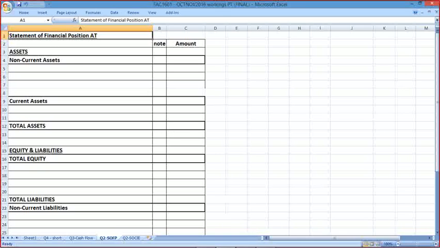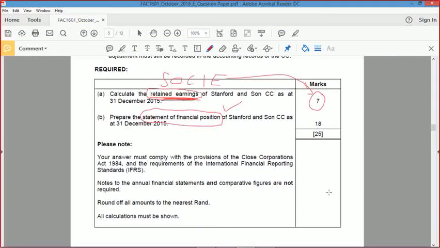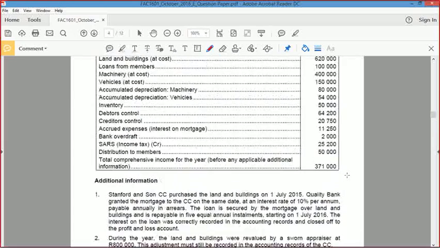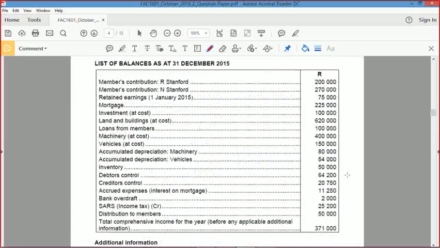Where do I start with a question like this after having looked at the required? Well, I would identify what elements each of those things are. Perfect. Let's go down the line and you tell me if it's important, yes or no. Is members' contribution important? Not for the SOCI, but it is important for the statement of financial position.